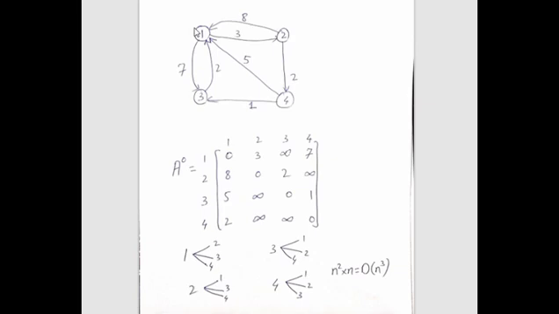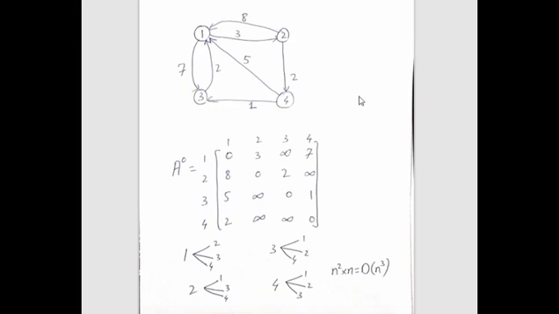Then we are given a matrix A naught, or we can say that this is our zero matrix, right? So here we have taken the diagonals as 0: 1 to 1, 0, 2 to 2, 0, 3 to 3, 0, 4 to 4, 0. Why have we taken these diagonal values as 0?